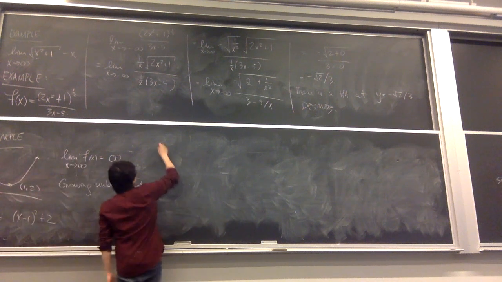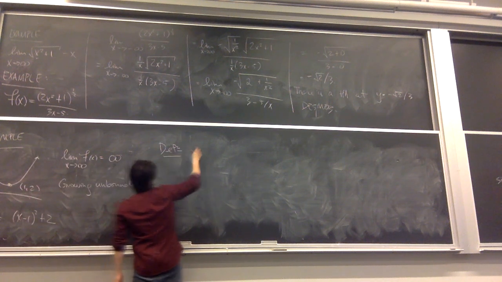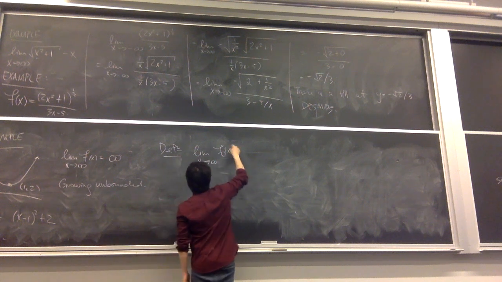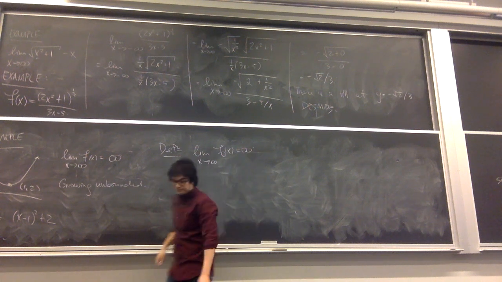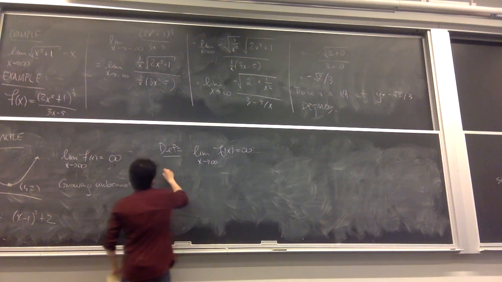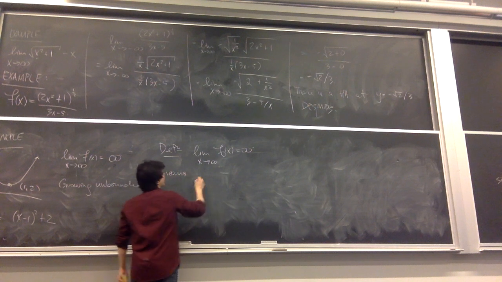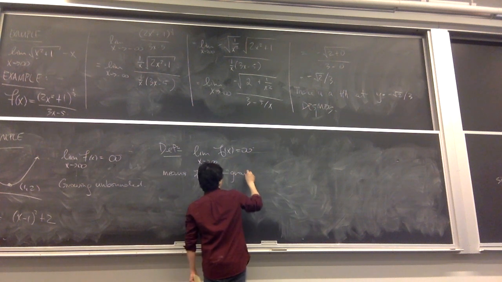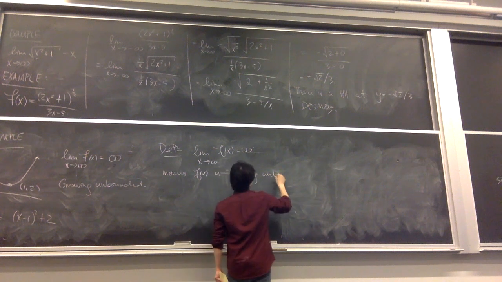So I need to give you a strict definition for what this means. What does it mean when the limit as x goes to infinity of f of x is equal to infinity? Well, in English and strictly, right? In English, this means f of x is growing unbounded to positive infinity.